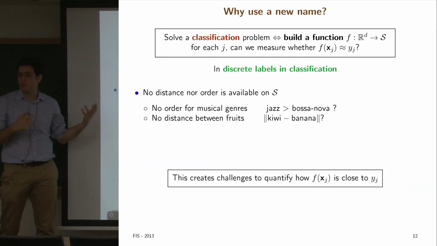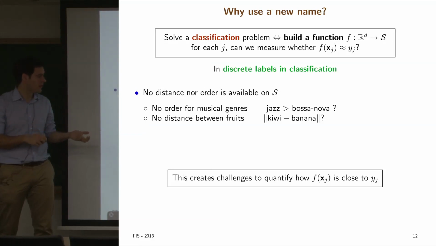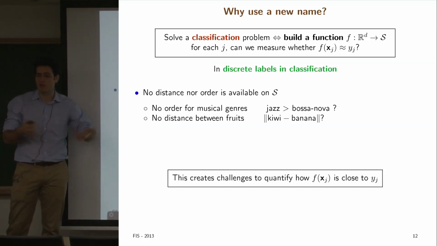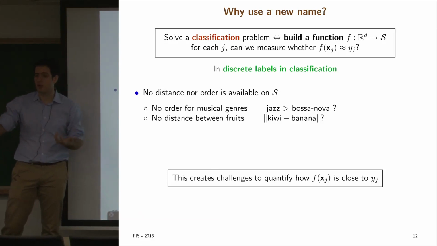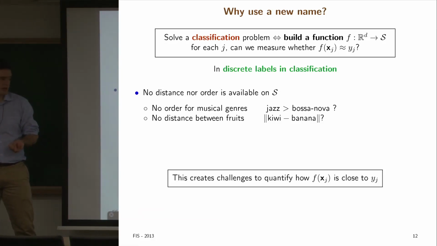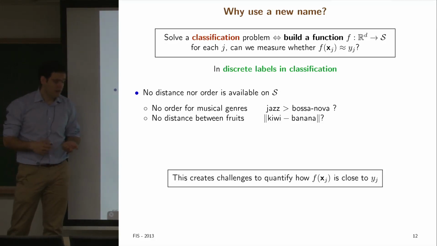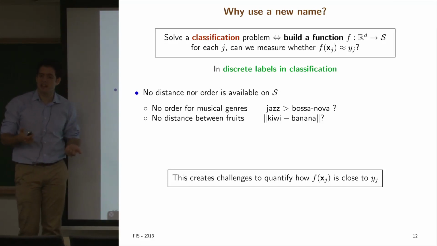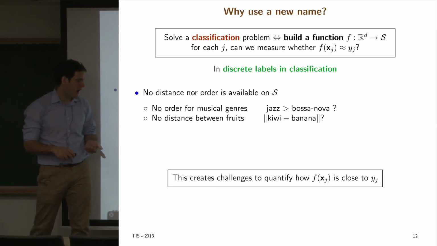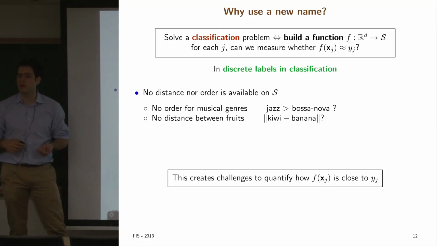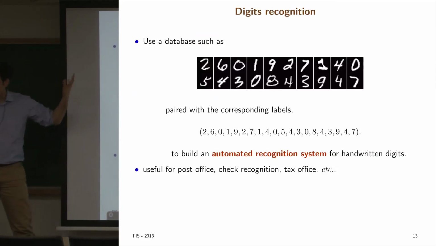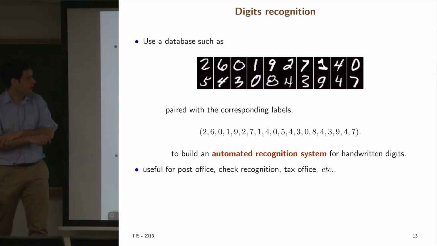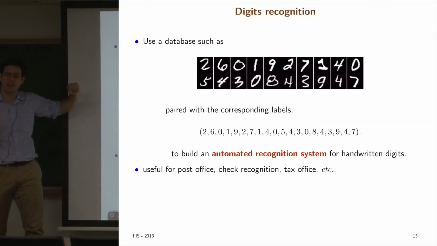If you have to classify musical tunes into genres, it's difficult to say that jazz is superior or less than bossa nova, and that kiwi is further away from banana than it is from an apple, etc., etc. So this creates challenges to quantify how close we are to yj or not, if we predict f of xj. So let me give you an example. This is really one of the canonical multi-class classification problems.